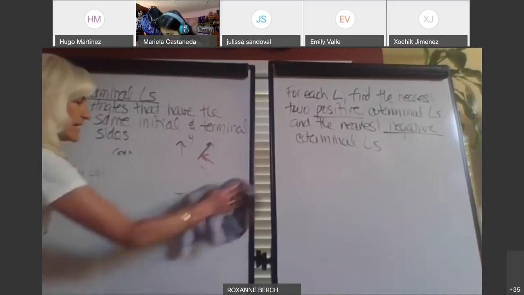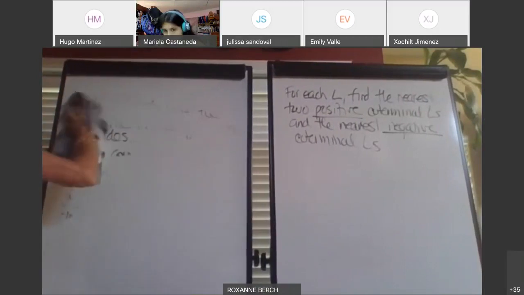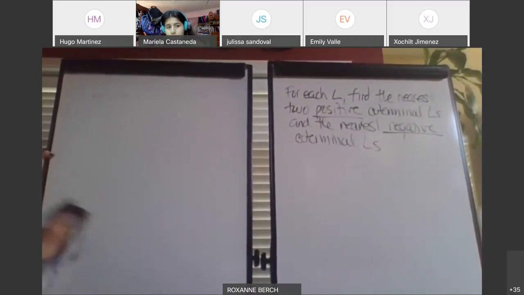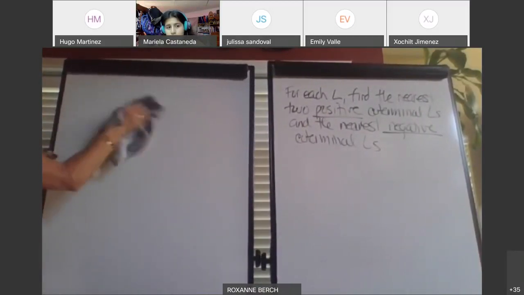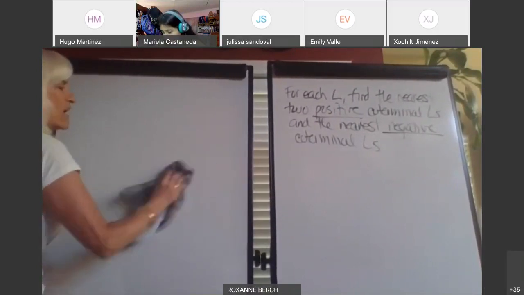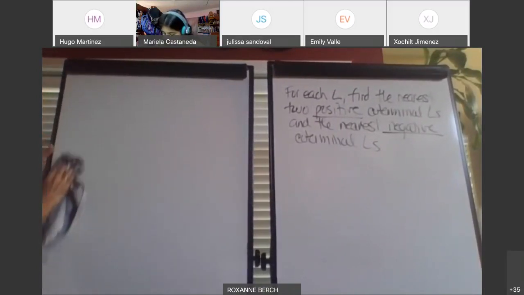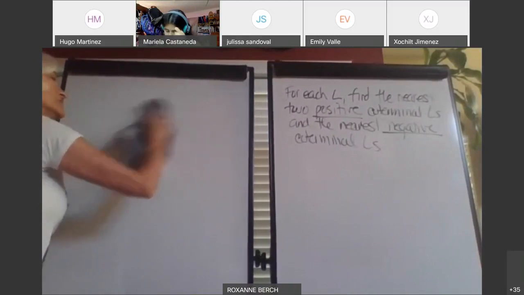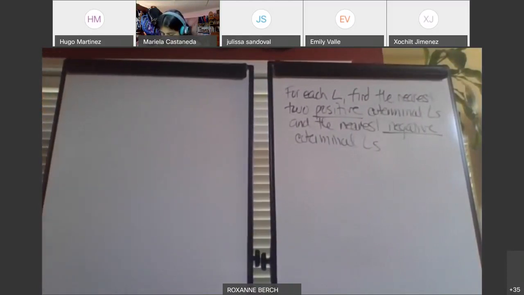This is pretty easy stuff right here. All you have to remember is coterminal angles have the same initial and terminal sides. All I need to do is add or subtract a full revolution in degrees or radians. So let's look at degrees first of all.